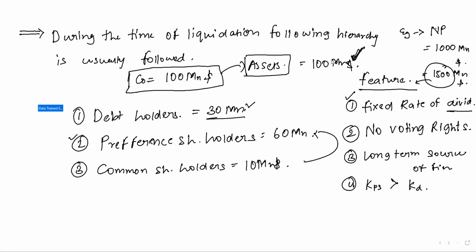We saw the three stakeholders in the capital structure: the debt holders, the preference shareholders and the common shareholders. The return that the company pays to its debt holders is called the cost of debt. The amount a company pays in preference dividend is called the cost of preference shares. And the amount the company is expected to pay to its common shareholders is the required rate of return for the investors, but the cost of equity for the company.